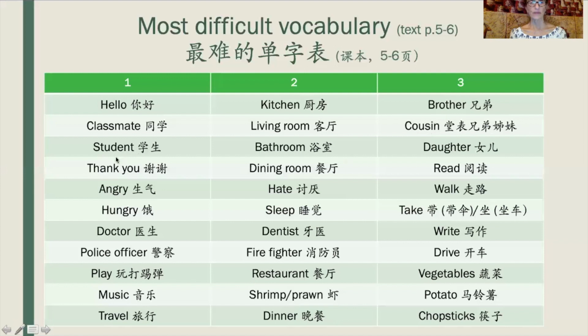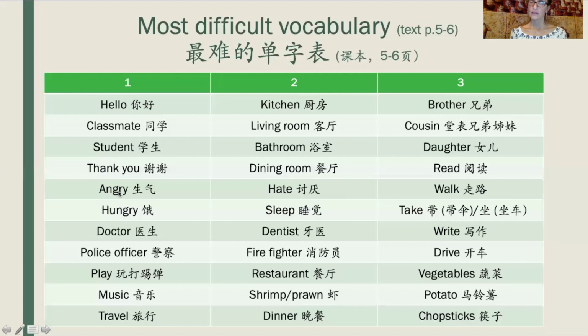Student. Bathroom. Daughter. So you don't pronounce these 2 letters at all. Thank you. Dining room. Read. This can also be pronounced as past tense. Read, even though you spell it the same.